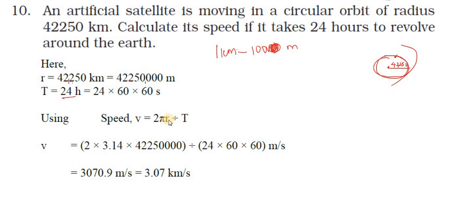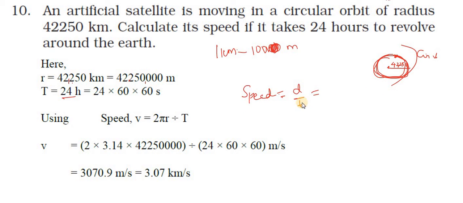We know that speed is equal to distance traveled divided by time taken. So what is the distance traveled? It is the circular path traveled by this object, the satellite. So the distance traveled by the satellite is the circumference of the circle.